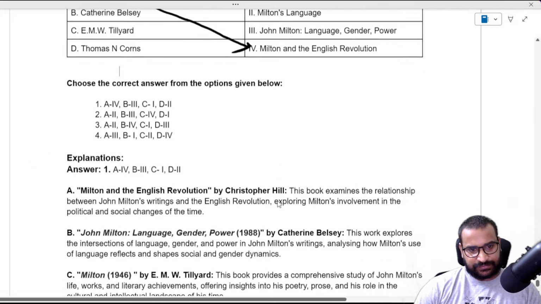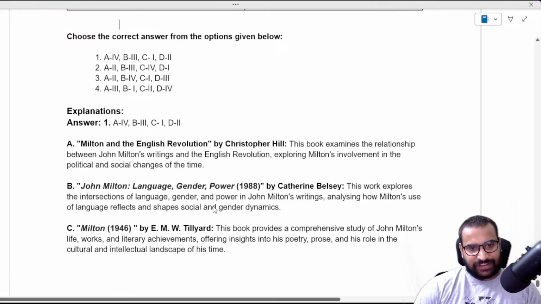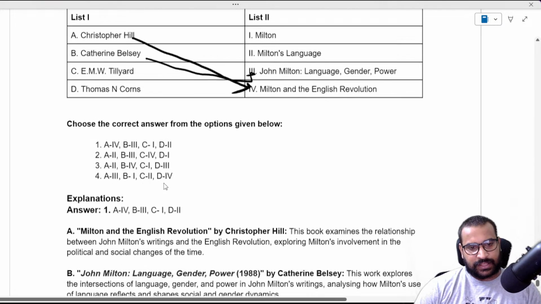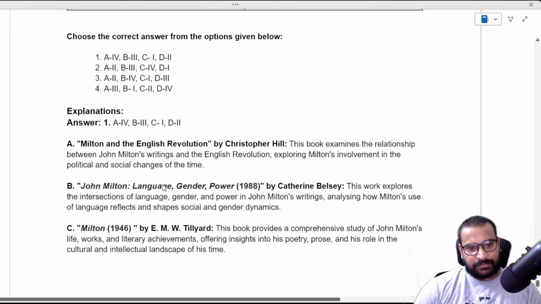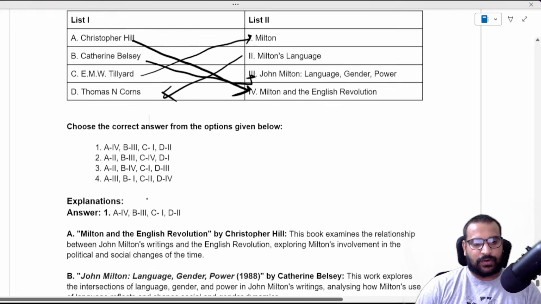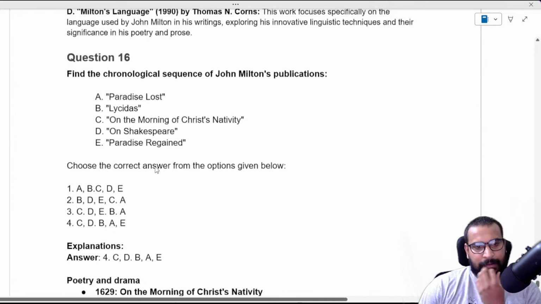Then we have next John Milton: Language, Gender, Power by Catherine Belsey. And then we have Milton by E.M.W. Tillyard. And Milton's Language is by Thomas Corns. So all these you have to remember.